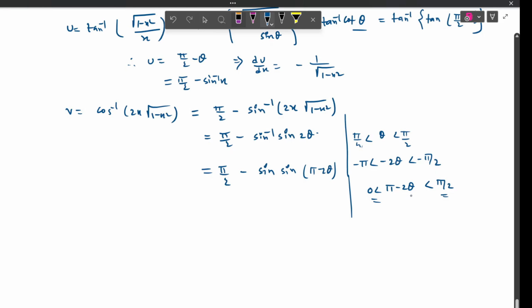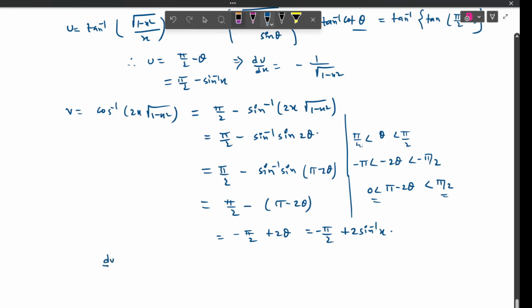So pi minus 2 theta lies between 0 to pi by 2. So this is pi by 2 minus pi plus 2 theta, right? So you got minus pi by 2 plus 2 theta, that is, minus pi by 2 plus 2 sin inverse x.